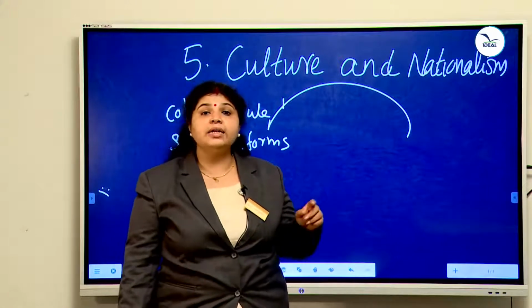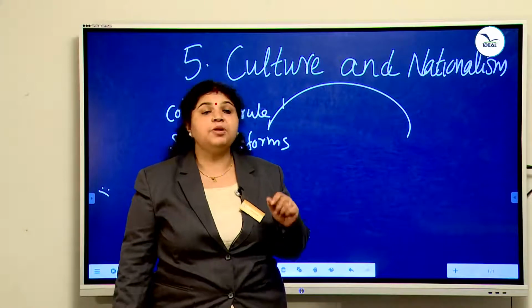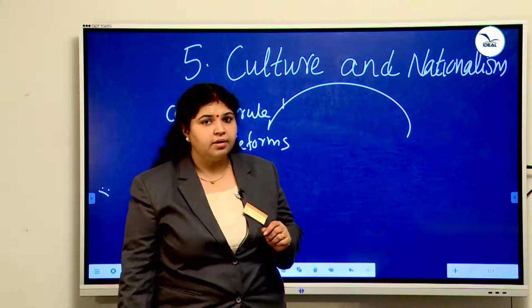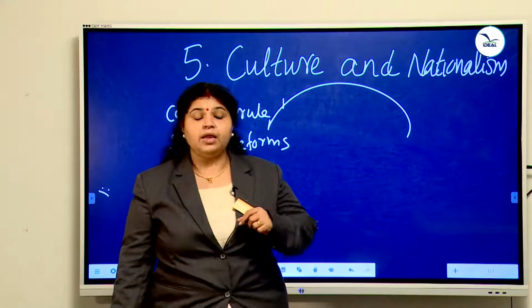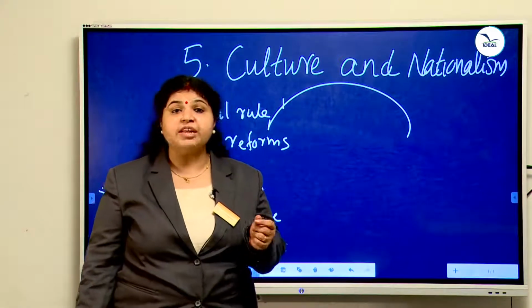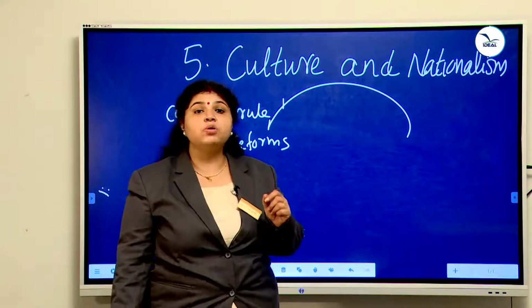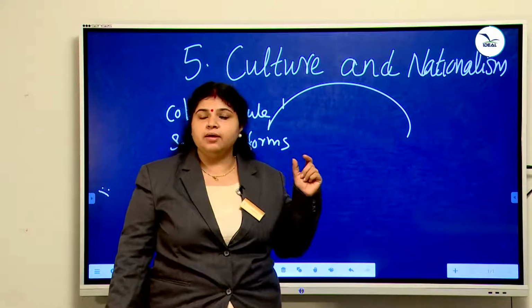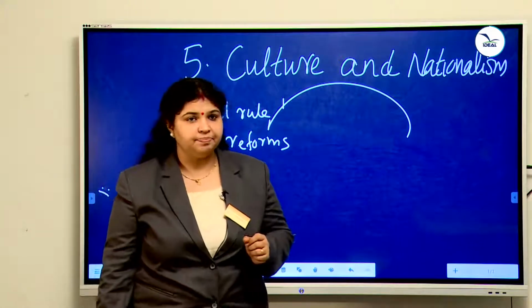So they decided to implement English education in India. The British traders also supported it because it was very beneficial for trade. By introducing English education, the traders could earn more profit.